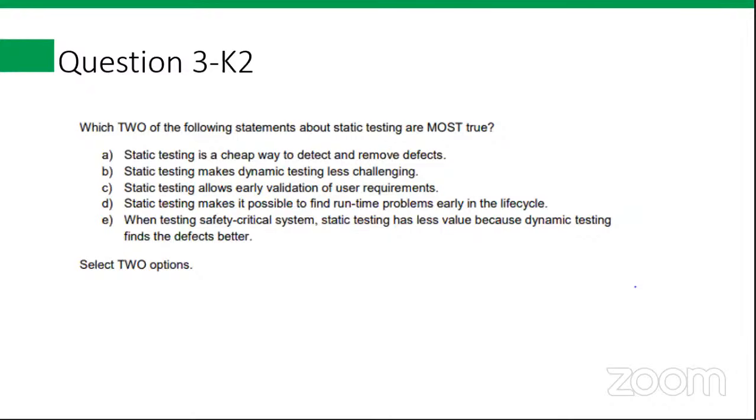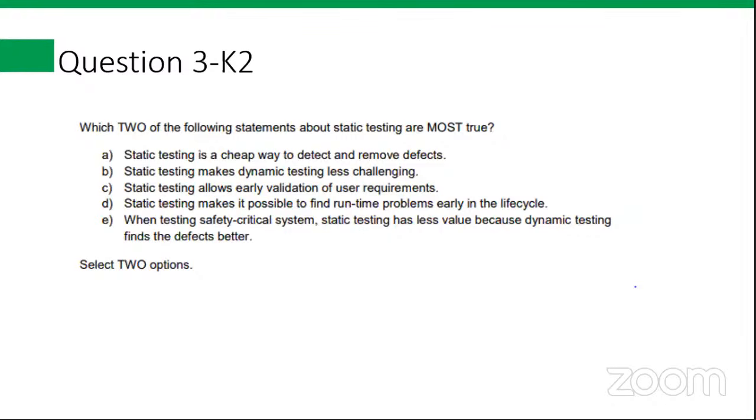Now, moving on, you have option C, which says static testing allows early validation of user requirements. So you should be familiar with this statement, that is validation of user requirements.